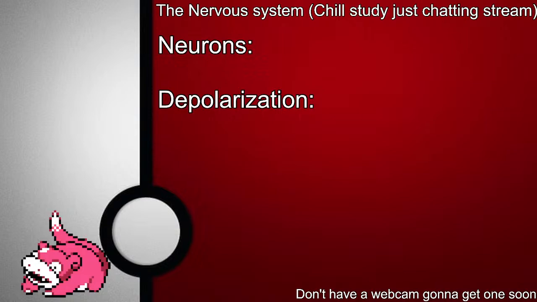This means that some event, a stimulus, causes the resting potential to move toward 0 millivolts. Okay, that makes sense. Since before it was at negative 70, it moves toward 0. When the depolarization reaches about negative 55, the neuron will fire an action potential. Okay. Let's write that down.